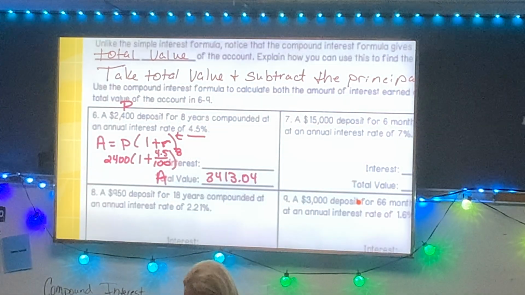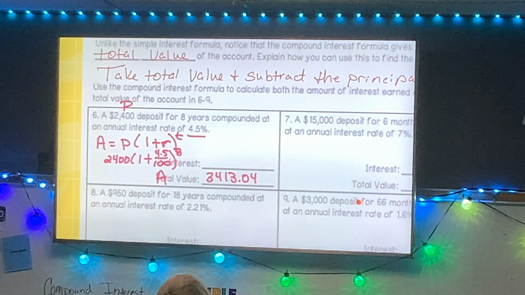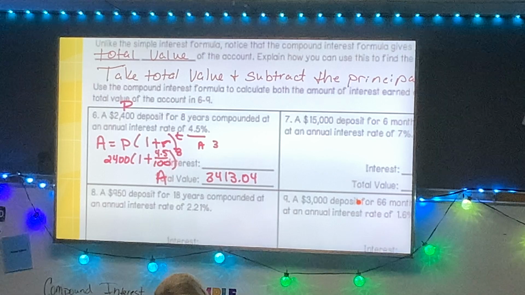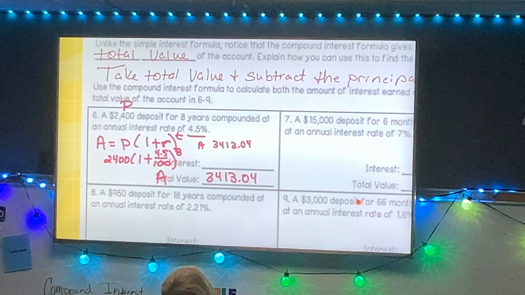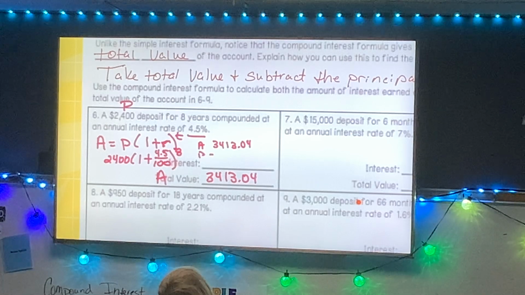Now, to get your interest, you take your amount in your account, which was 3,413.04, and we subtract our P, our principal, which was 2,400.